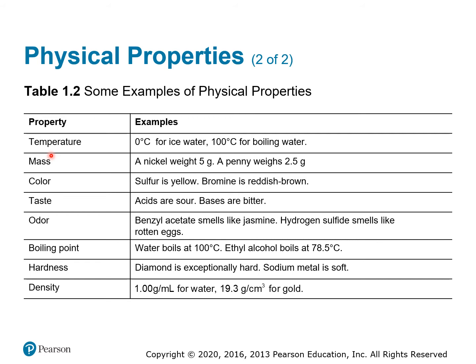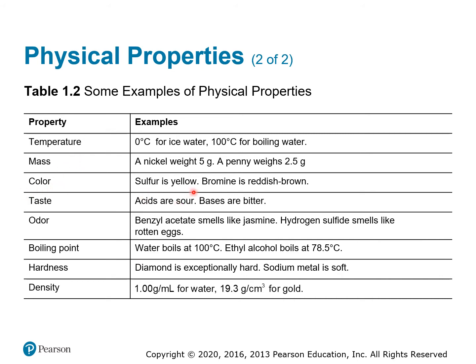So here's a table which tells you about examples of physical properties. The property is temperature. An example is water remains H2O even if the temperature is changed. At 0 degrees Celsius it will become ice. At 100 degrees Celsius it will be boiling water, but it is still water. Or for example, color.